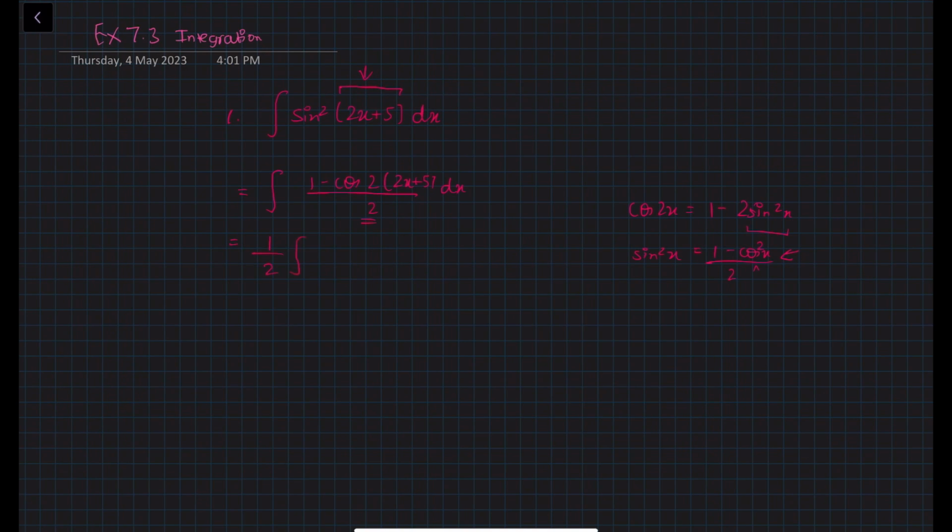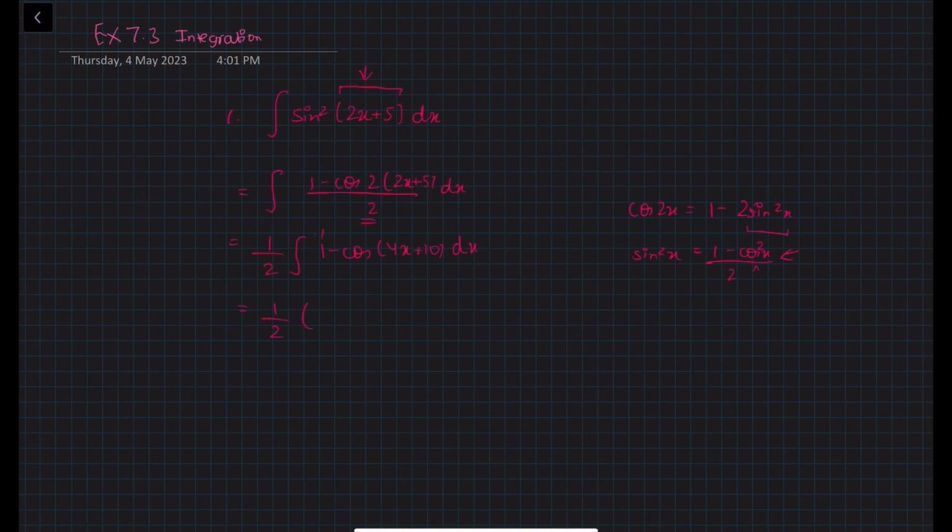So 1 by 2, and then I'll just have cosine of 4x plus 10 dx. This is distributing inside. All right. And now we can integrate because we have two separate terms with the power 1, so we can easily integrate. So this is going to be half stays a half.